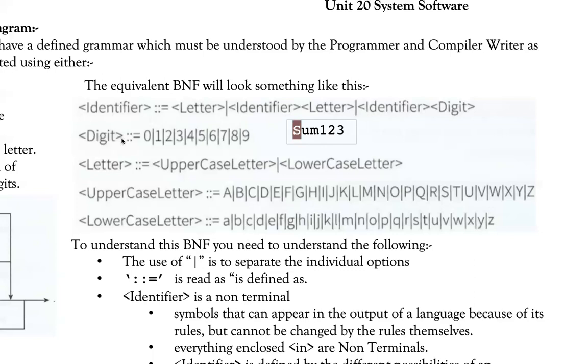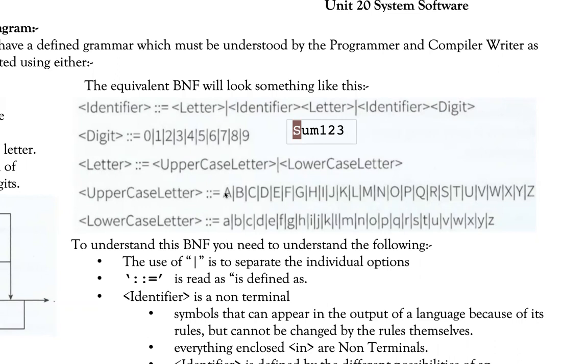According to the first part of my rule, it says that if it's just a letter, and what is a letter? A letter can be either uppercase or lowercase. If it's an uppercase, then uppercase letters can be any one of these letters. As you can see here, uppercase letters can be chosen from any one of these terminals.